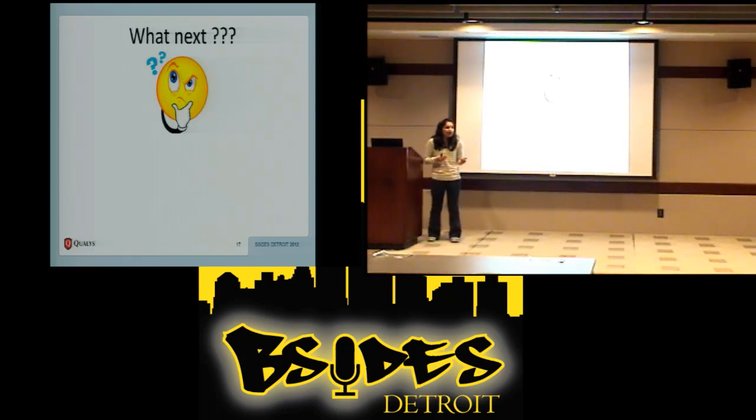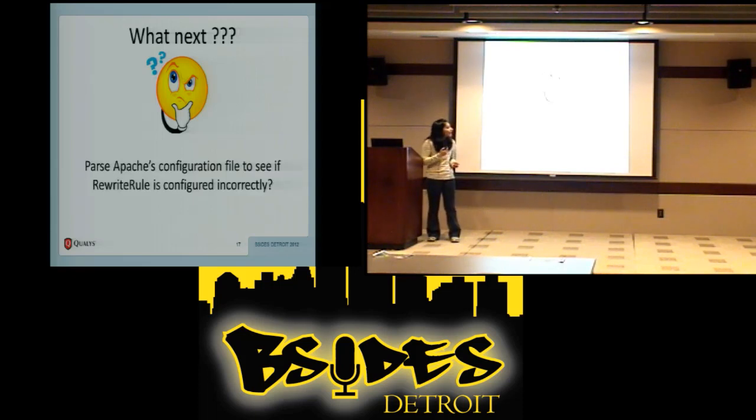For the existing reverse proxy issue, we tried the proof of concept on a vulnerable target with an incorrect rule, and we know that it came back with a 200 OK response code. We tried it on a vulnerable target with a correct rule, and it came back with a 404 not found. And then finally we tried it on a non-vulnerable, patched target, and it came back with a 400 bad request error code.